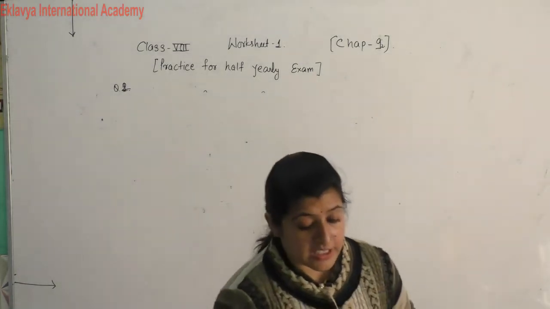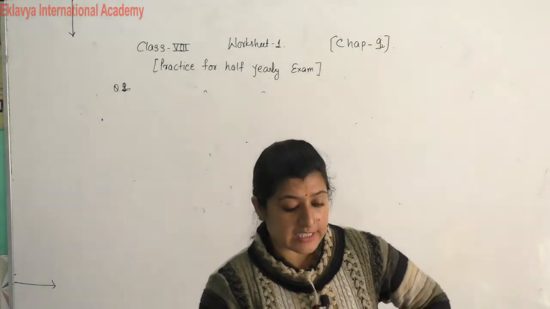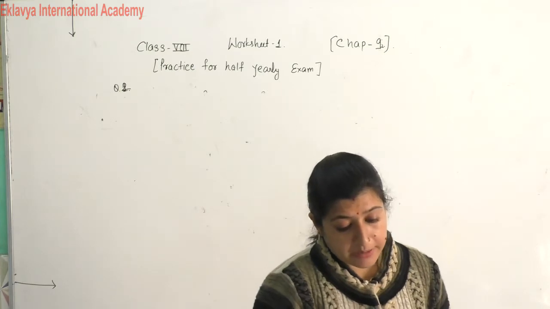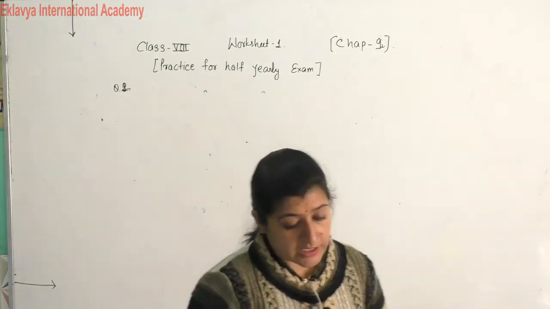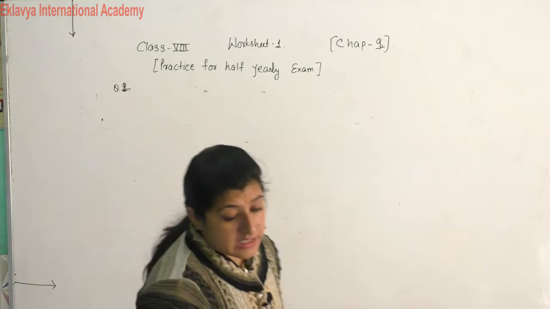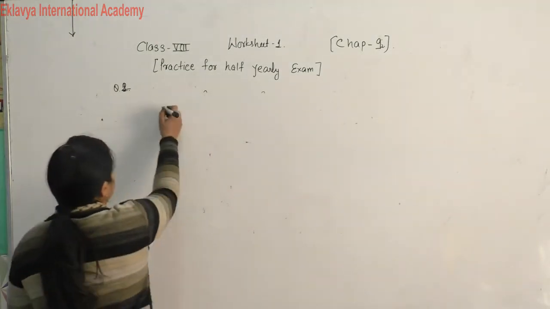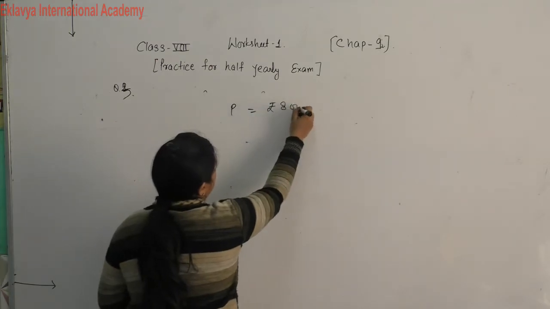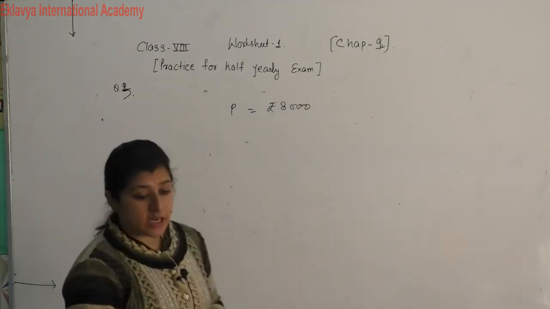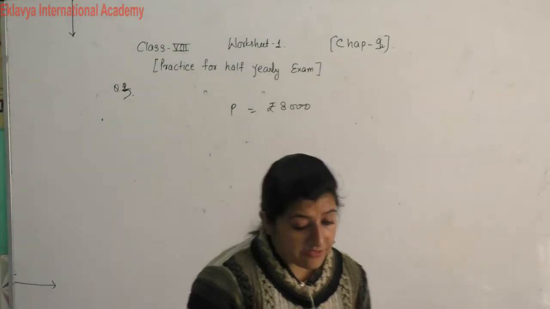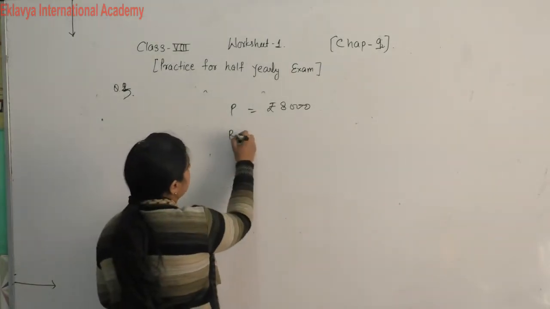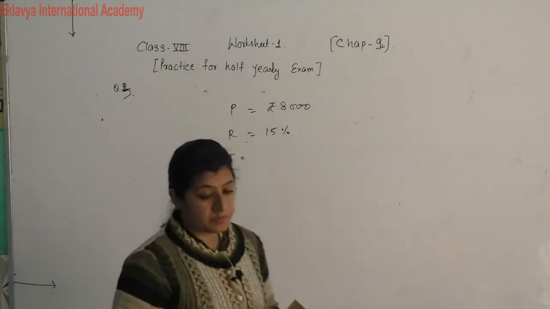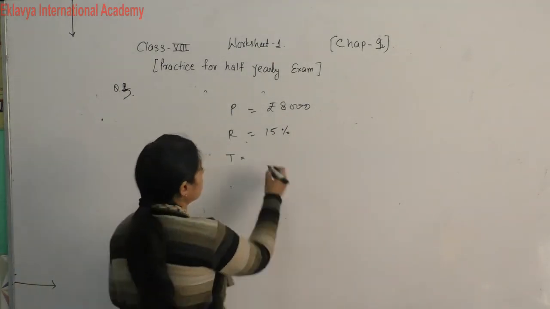What is the difference between the compound interest and simple interest on rupees 8,000 at 15% per annum for 2 years? Firstly, see, principal given to you rupees 8,000 at 15% rate, time given to you 2 years.